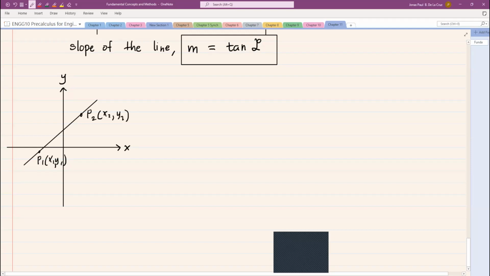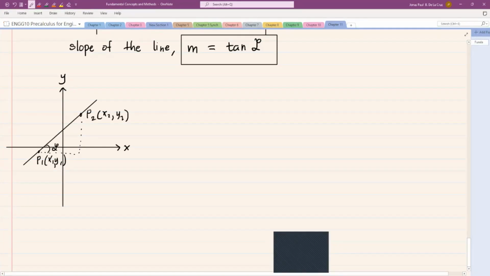Diba, parang may right triangle dito. Ito yung inclination niya. The tangent is actually equal to this one and this one. So actually, tangent of the inclination is equal to yan. So therefore, this M is equal to this vertical distance here. That's Y2 minus Y1 all over the horizontal distance there na X2 minus X1.